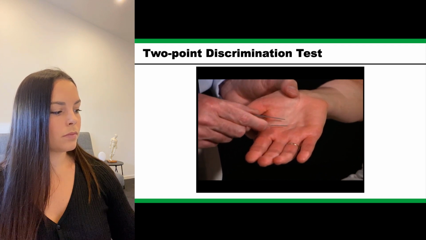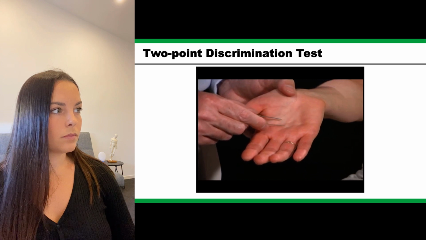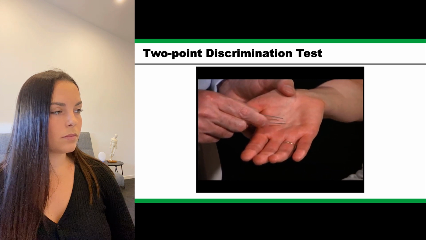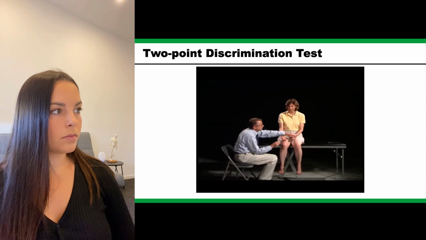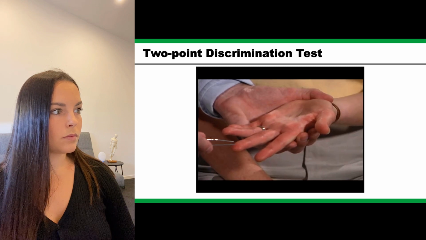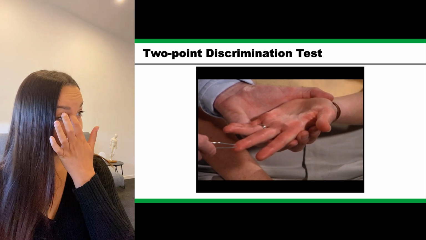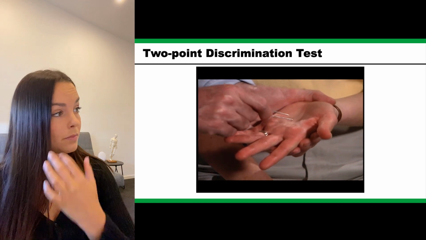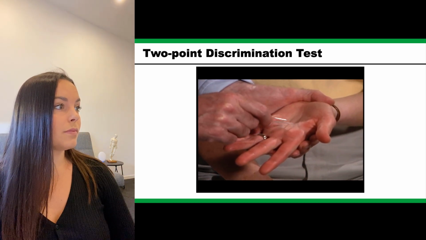I'm going to do it up on the palm. 1 or 2. 1, 2, 2, 1. Now we're going to test over here. 1 or 2. 1. Good. 2, 1. Good. 2. Good. 1, 2. Good.